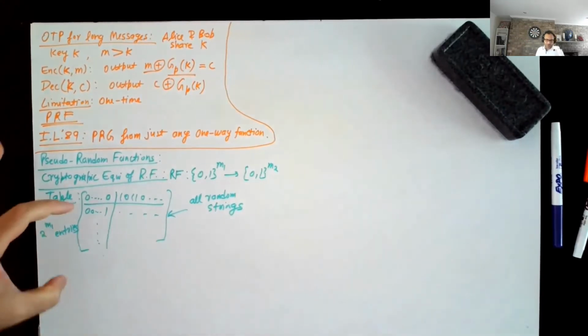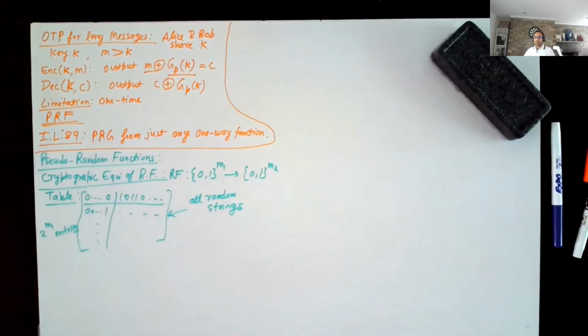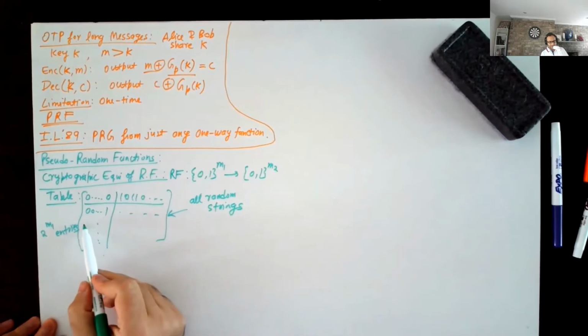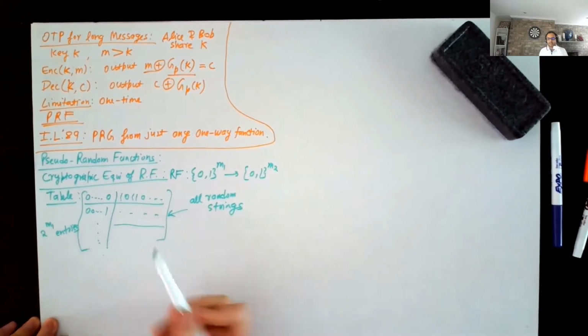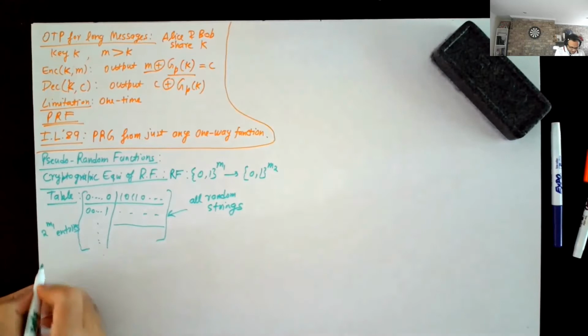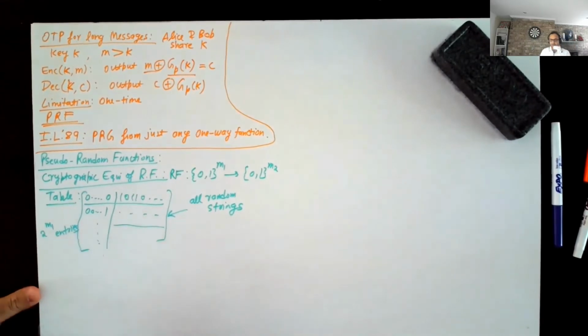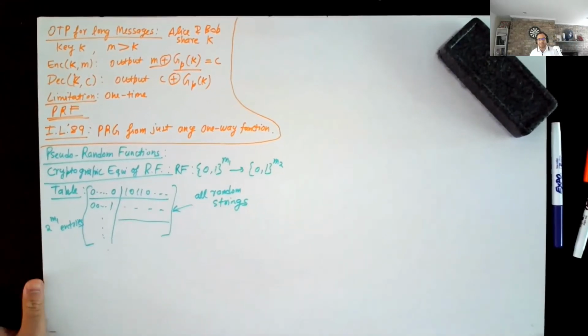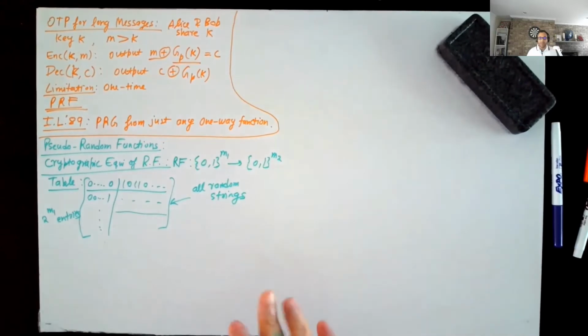A random function stores this entire table. You give it some value x, it looks up the value of x on the left, and it outputs the corresponding string on the right. Is the definition clear for random functions? Even though random functions might look simple, they are huge objects.